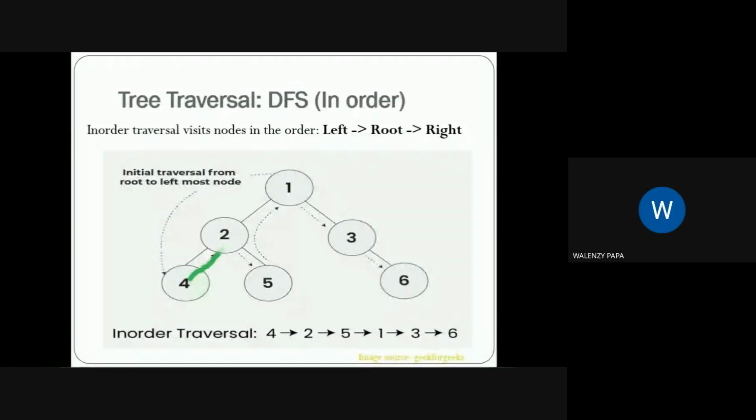From left, you go to the root, that is 2. Then you go to right. From here, where do you go? You go to left. In this case, the left is the 1. There's no left. So you move to root, which is this.